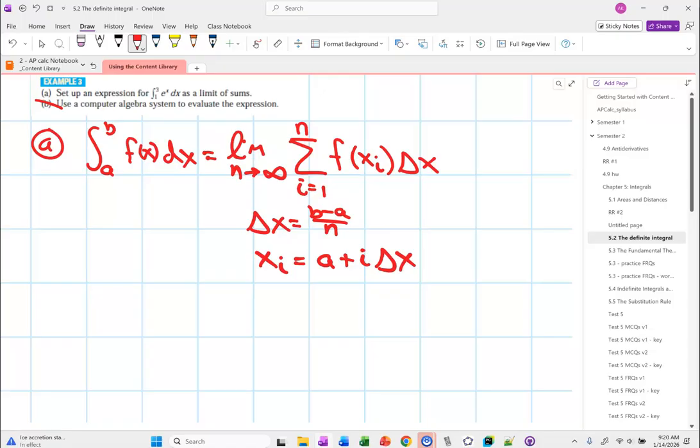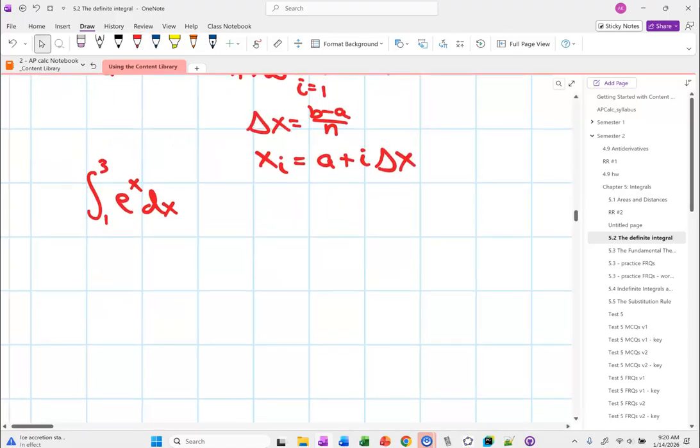Everybody's okay? So if we have then, I know that a is 1 and b is 2.